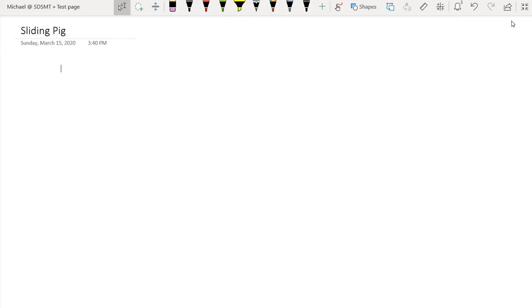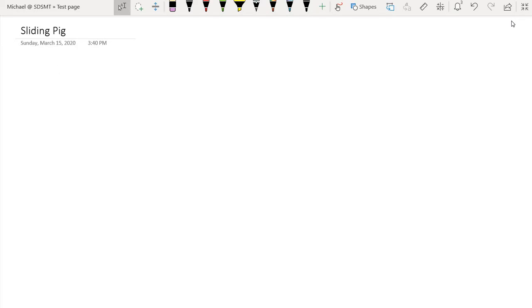I'm trying to get my screen to flip over here. It doesn't seem to want to work, so I'll just flip my laptop around. So what we have is a pig that's going to be sliding down two different slides.